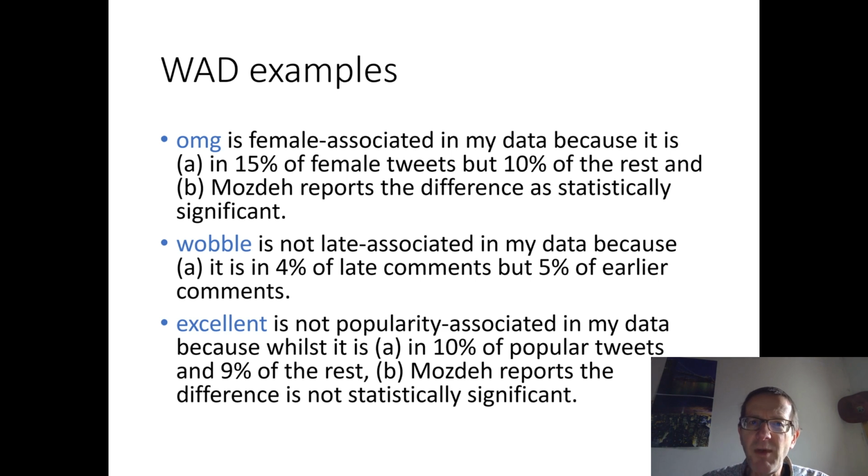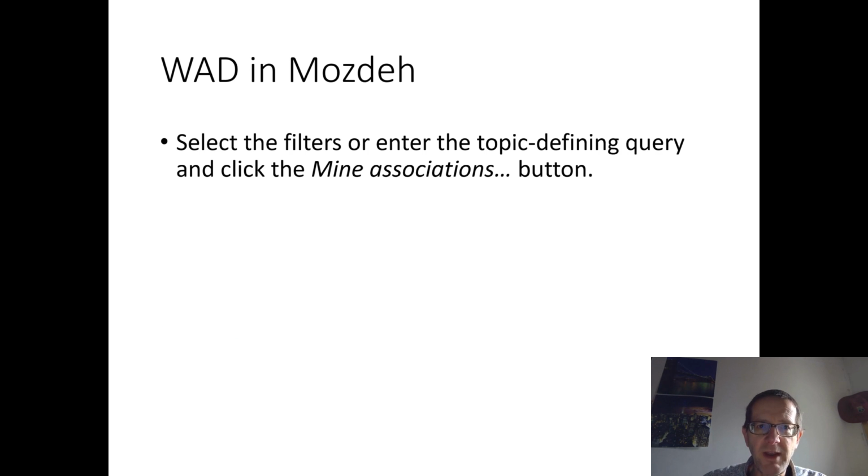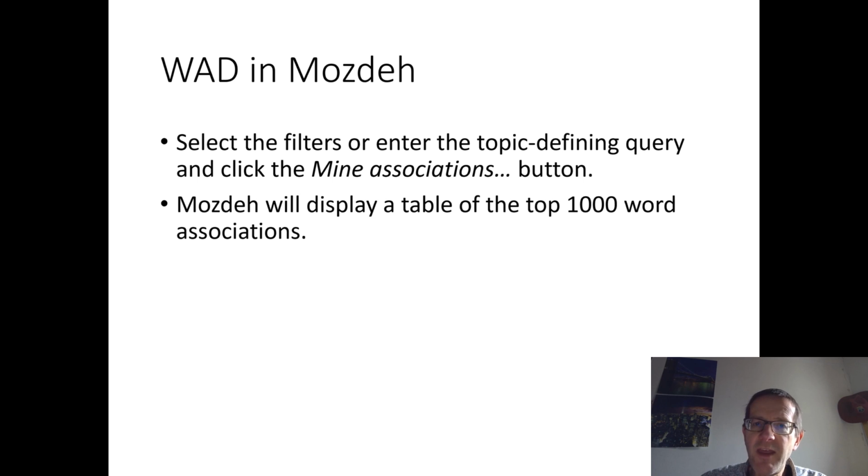Okay, so this is how it works. Mozdeh will report a list of words and tell you which ones are statistically significant. So in Mozdeh, we click the Mine Associations button, and then Mozdeh displays a table of the top 1,000 word associations, including the statistically significant and the non-significant, if there are less than 1,000 statistically significant ones.